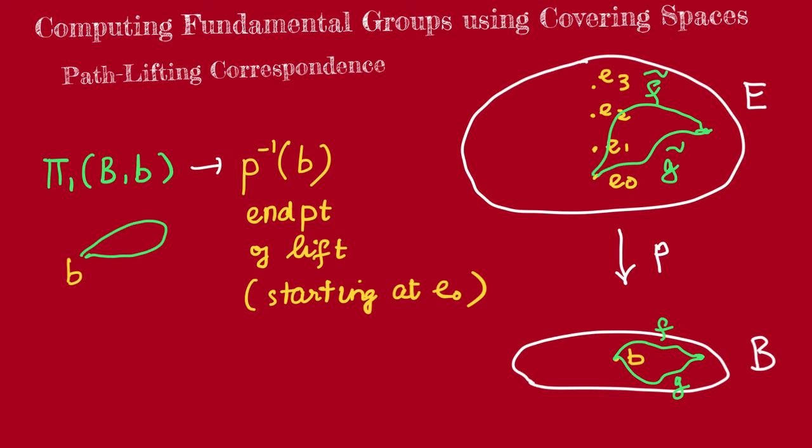We won't go through the proof, but the idea is very simple: we can always lift the path homotopy also. So a path homotopy between the paths f and g will lift to a path homotopy between their liftings. So we now have a well-defined map from the fundamental group of the base to the fiber over the base point. Some of you might be excited and already guessed that, oh my god, this must be a bijection, and maybe that's how we figure out the fundamental group.